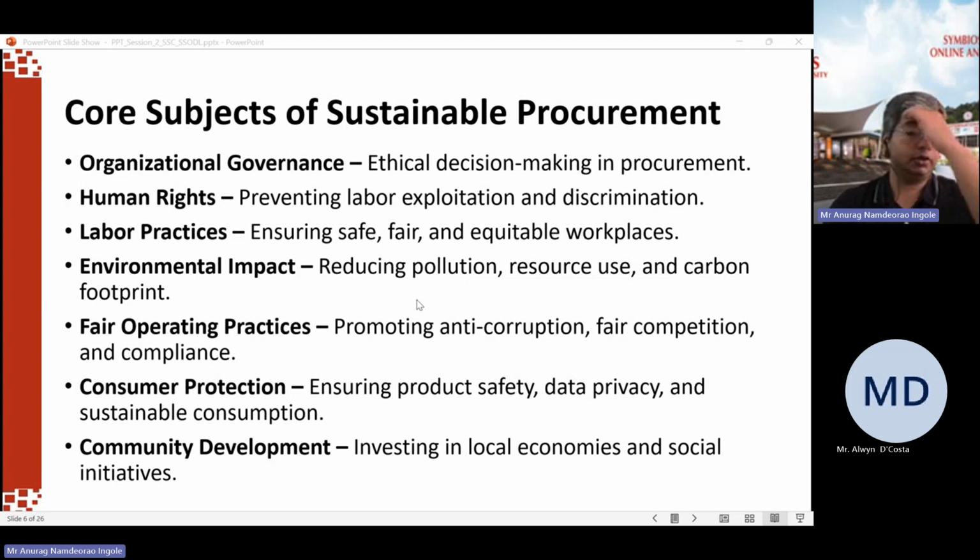Because why are we going towards sustainable procurement? Because we want these resources to be available for our future generations. We have limited water, we have limited food in this particular world. We have limited capacity of this soil. We do not want to exploit it just because we can.